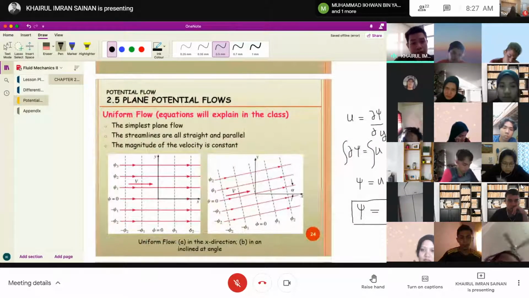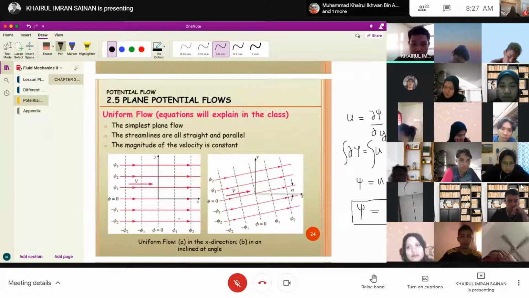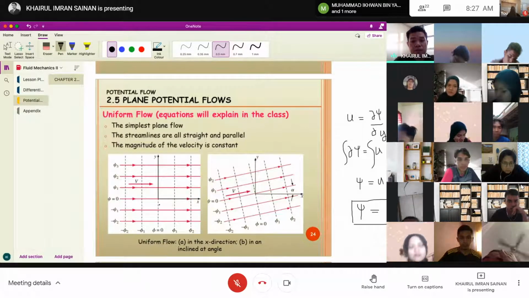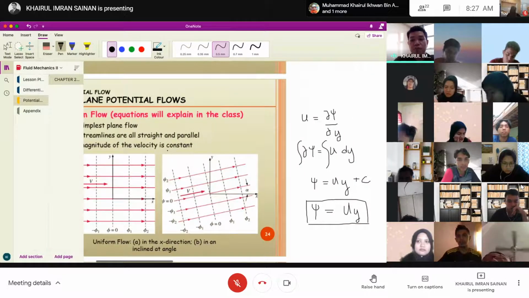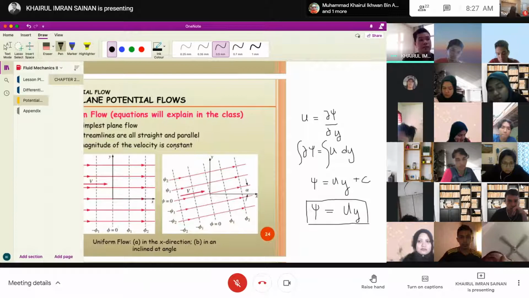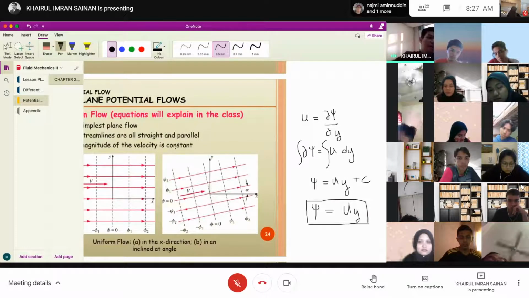Phi number one and phi number two are governed by the x distance, meaning you're going to have x1 and then x2. So this is what it means by psi equals u y and phi equals u x.